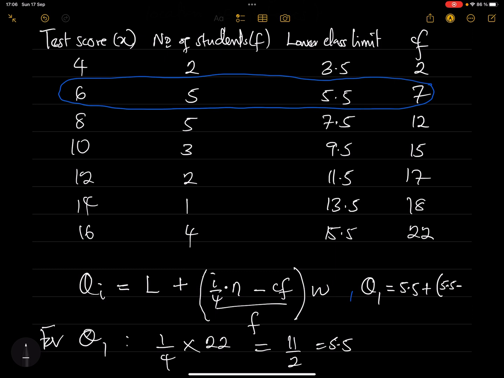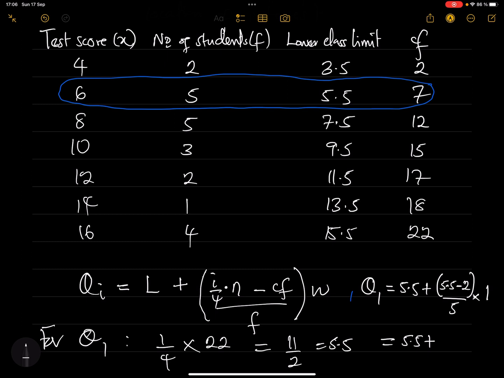That is 2, the cumulative frequency before the class, divided by the frequency of the location of interest, which is 5. Then multiply by the width. Because this is discrete, the width is 1. So our Q1 will be 5.5 plus 5.5 minus 2, that is 3.5.